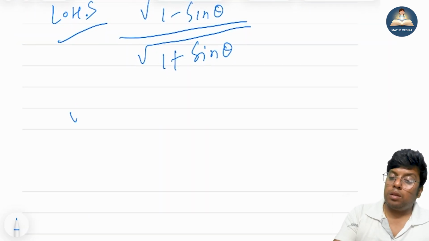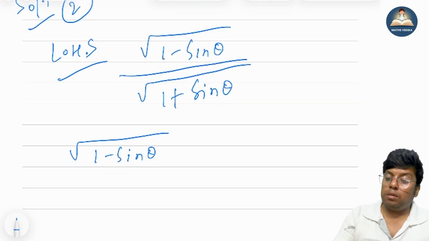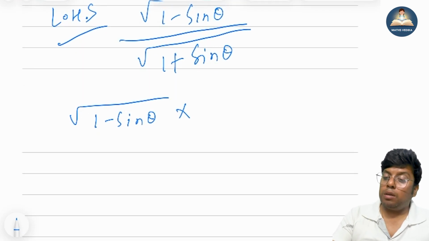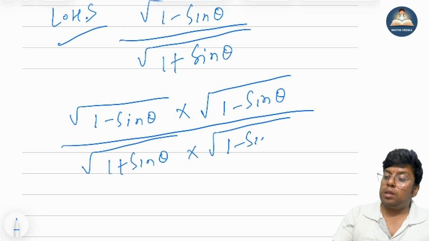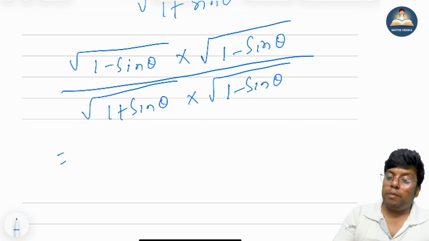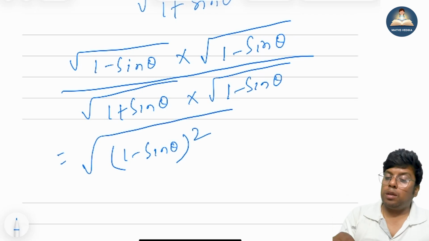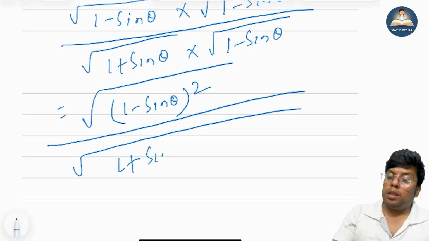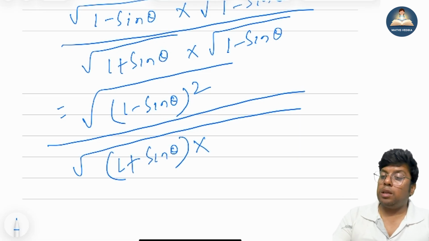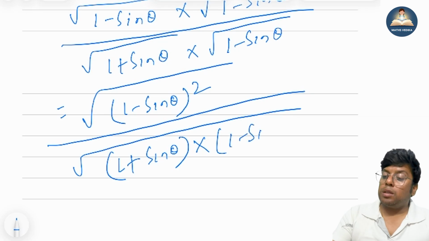Rationalizing the given value, multiplying the numerator and denominator by root under 1 minus sin theta: in numerator we'll have 1 minus sin theta whole square root under, and in denominator we'll have root under 1 plus sin theta into 1 minus sin theta.